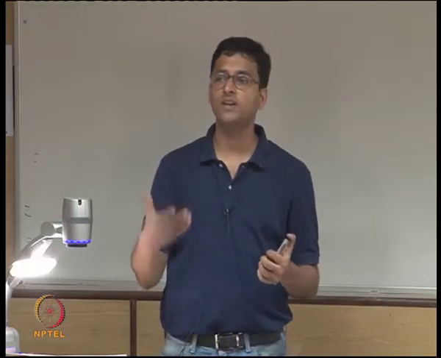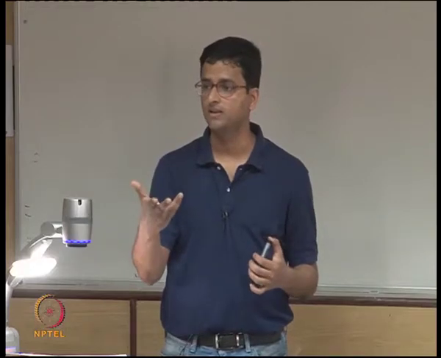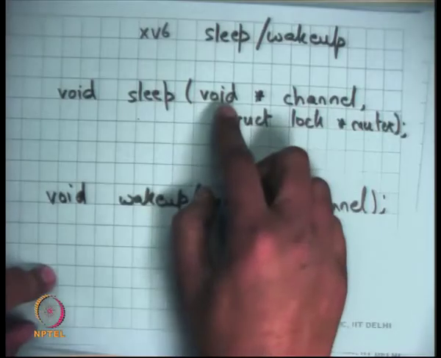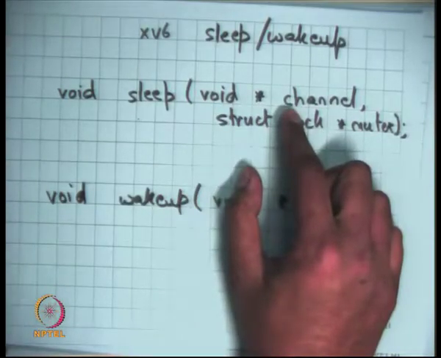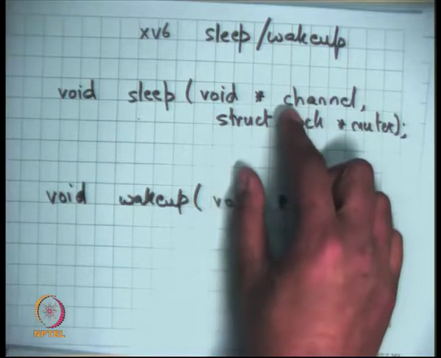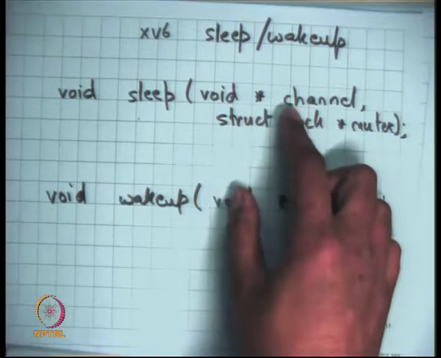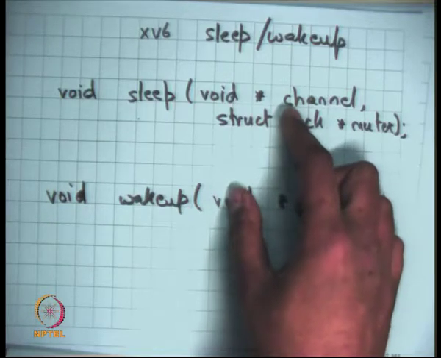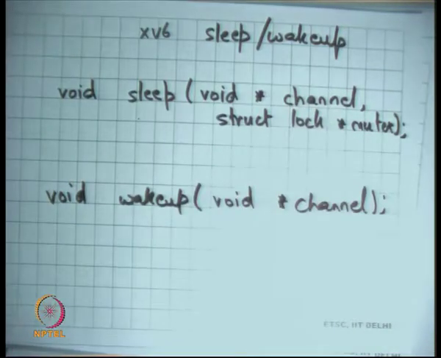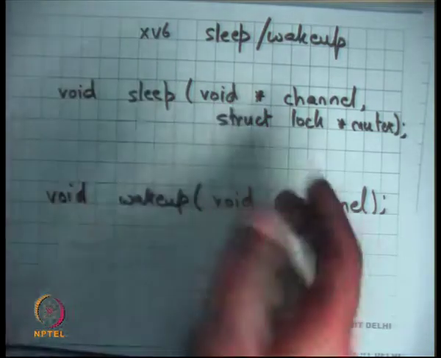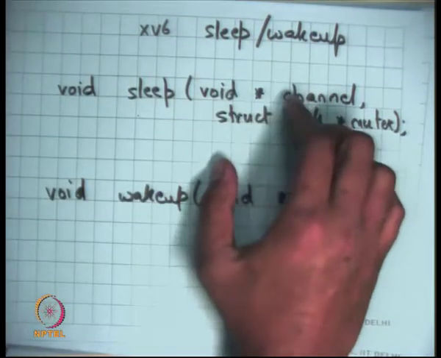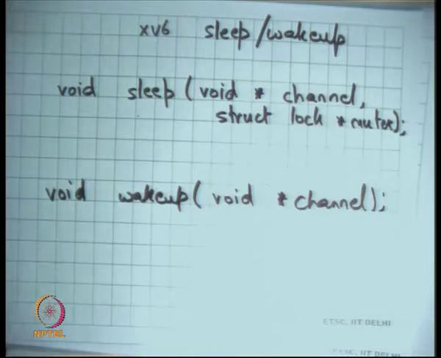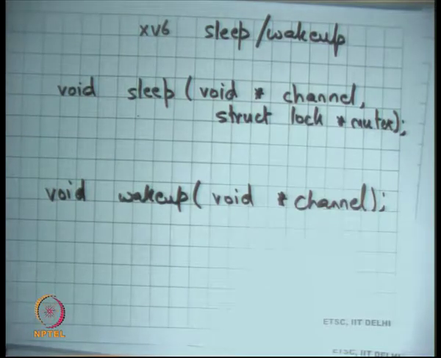So you don't even actually need to have a variable specifically. All you need to say is that there is some number that I'm going to sleep on. That number in our condition variable examples was the address of that condition variable. Instead of actually using memory to declare that condition variable, you could just say I'm going to sleep on some channel, some number. That number may be tied to the logic of your program.